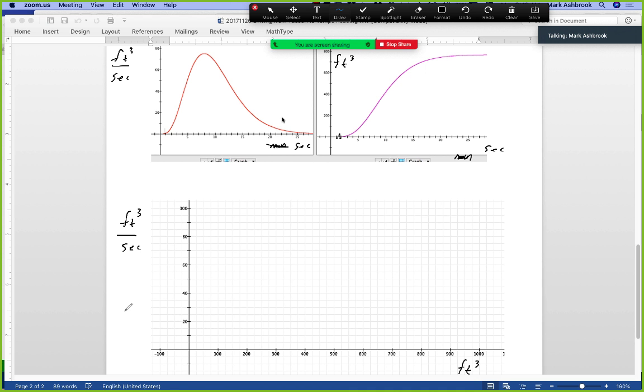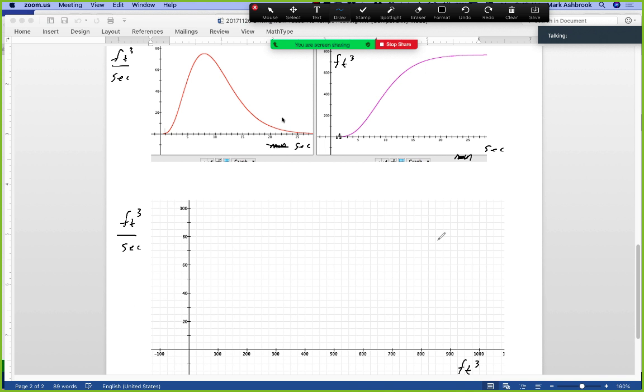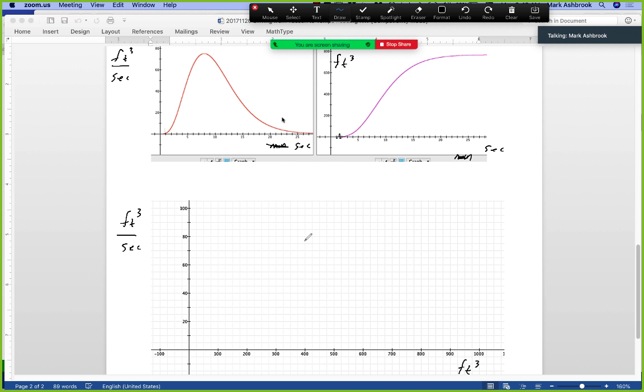So how can I do this? I have this graph here. How can I come up with the graph of rate as a function of the accumulated amount that's been poured? Could you use parametrics? I don't know what that is. I just want to take the information I have from these graphs and construct a graph.